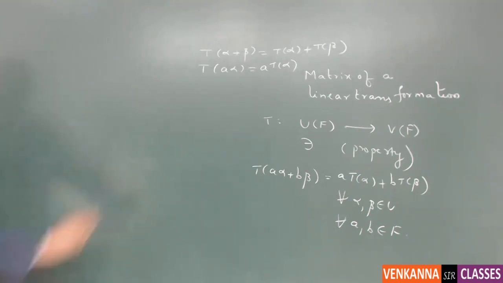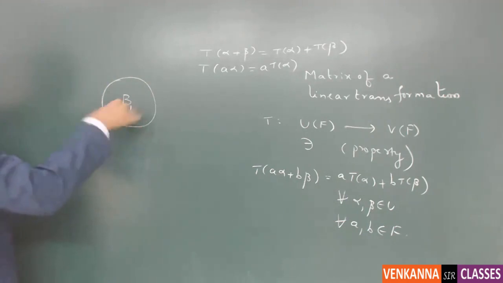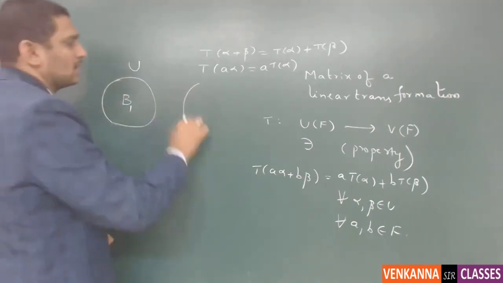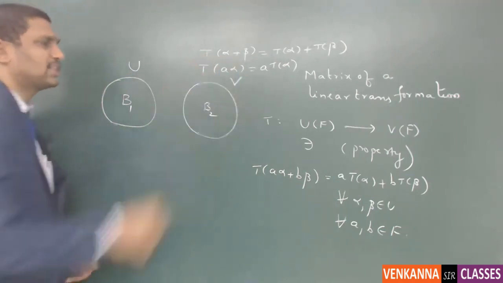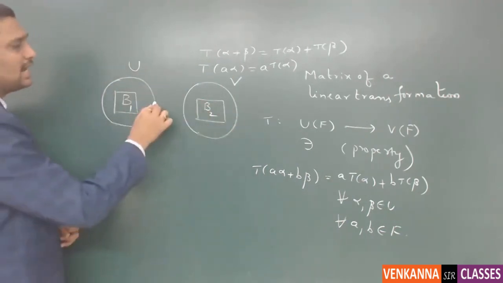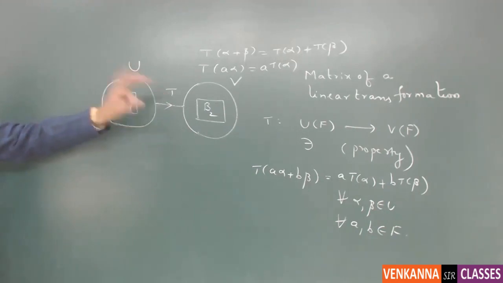In particular, suppose B1 is a basis for the vector space U, and B2 is a basis for vector space V. And T is a linear transformation from U to V. Now, using the bases B1 and B2, you can represent T in the form of a matrix.